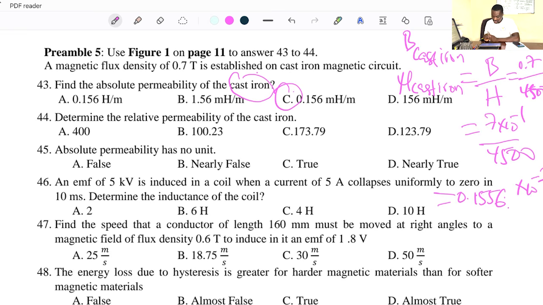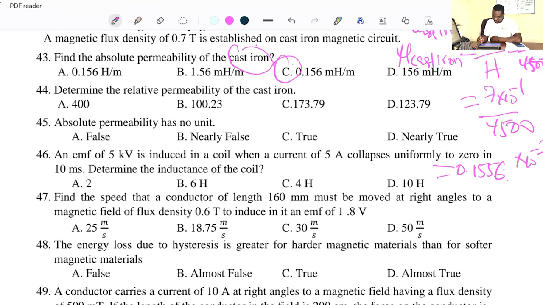Okay, so for that, this is the absolute permeability. That means I can just write here, we know the absolute permeability of cast iron. We know absolute permeability of cast iron is also equals to what? Permeability of free space and the relative permeability of cast iron.